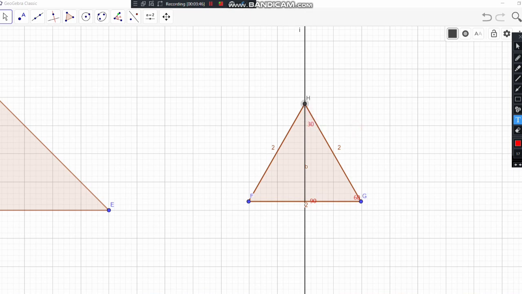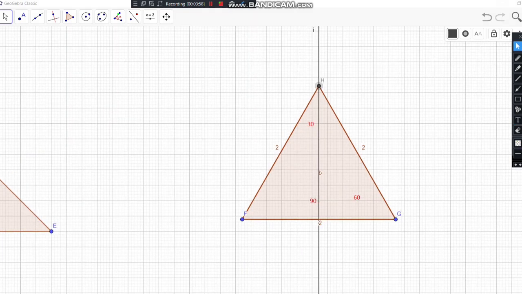What about the hypotenuse of this right triangle? Consider this part only. In that triangle, the hypotenuse is equal to 2. Then the base of the right triangle, this part, is equal to 1.